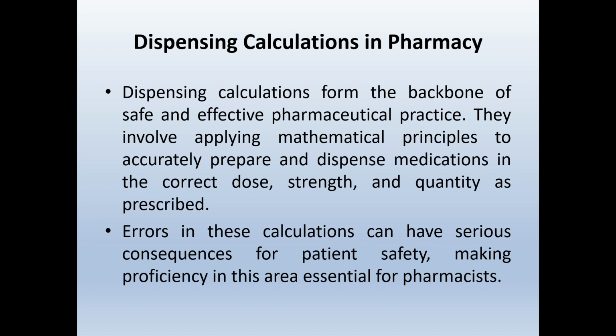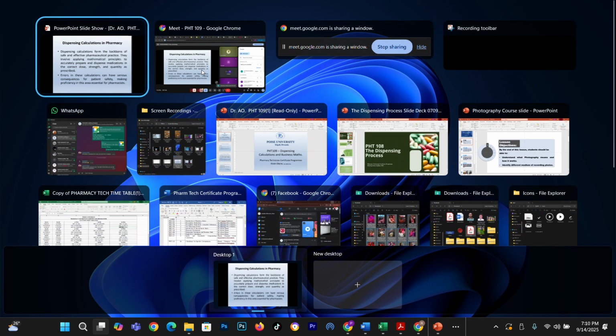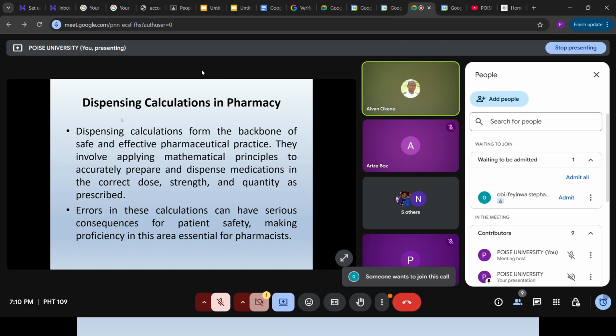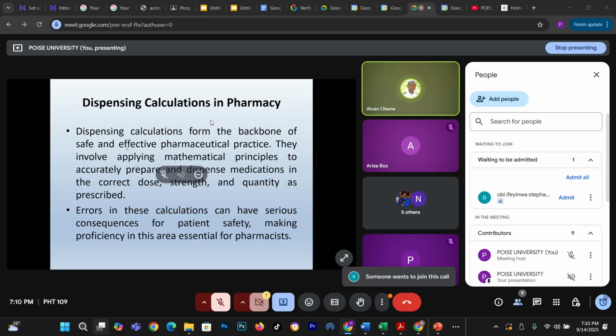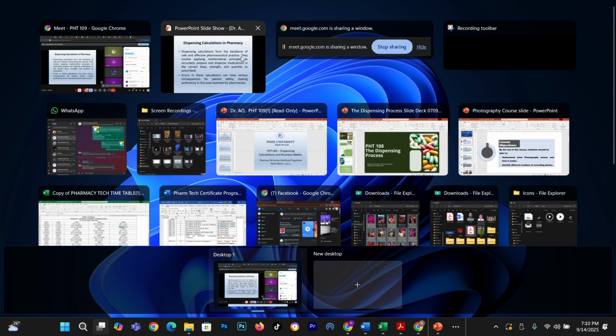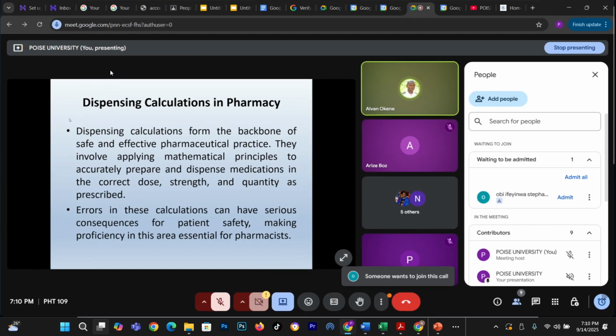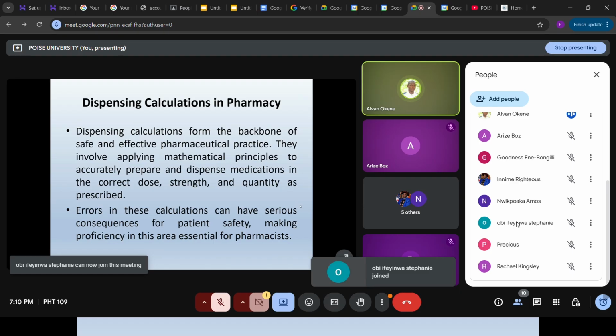So what is dispensing calculation? Dispensing calculations form the backbone of safe and effective pharmaceutical practice.